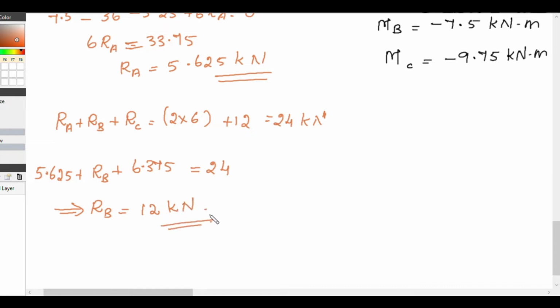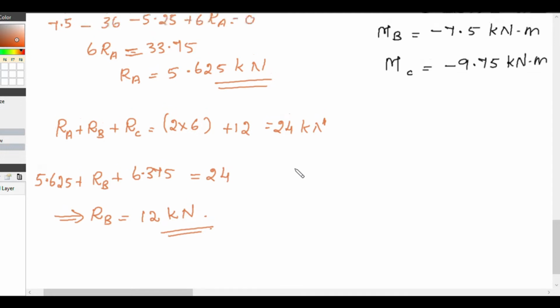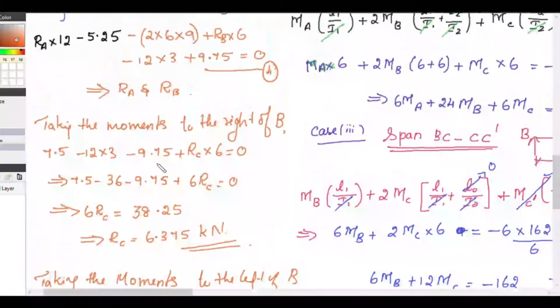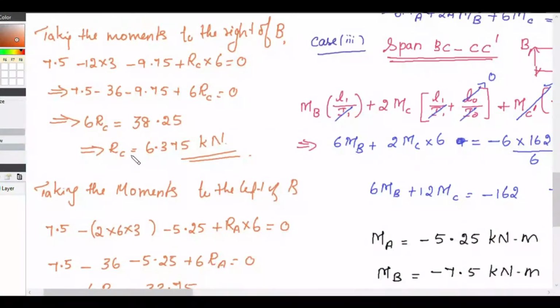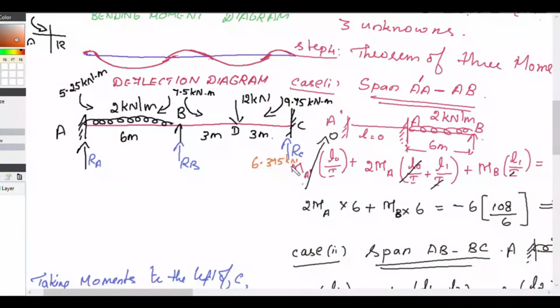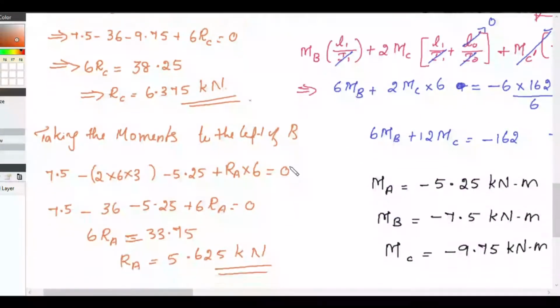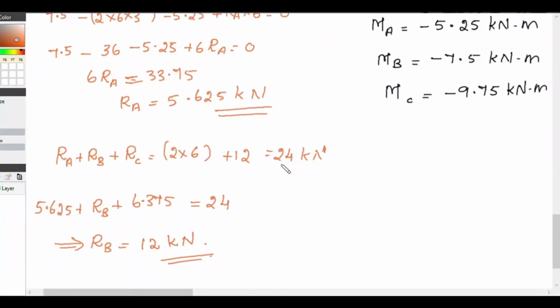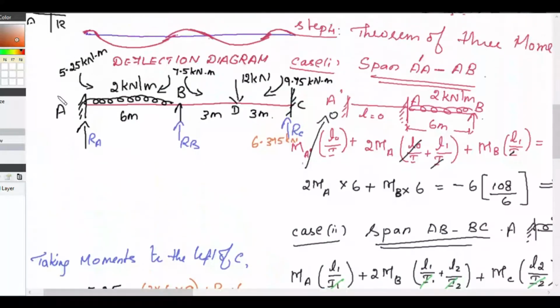Now we can draw the shear force diagram. So RC is 6.375 kilonewton, RA is 5.625 kilonewton and RB is 12 kilonewton.